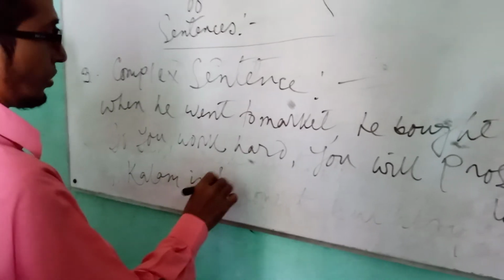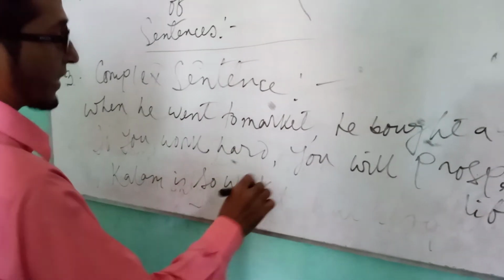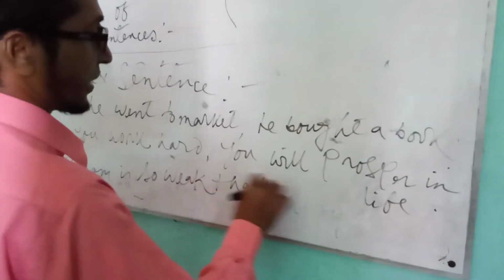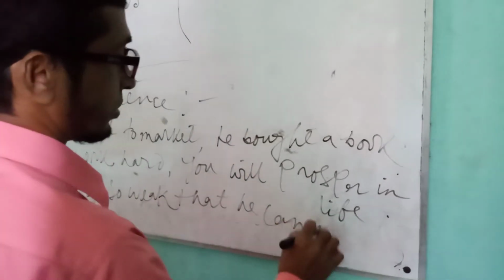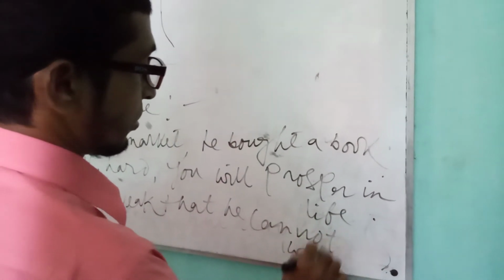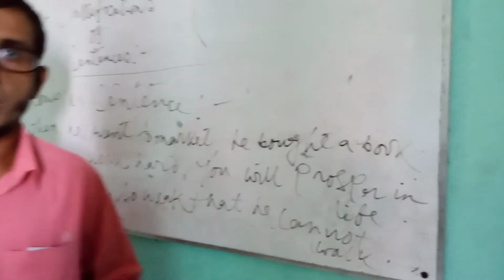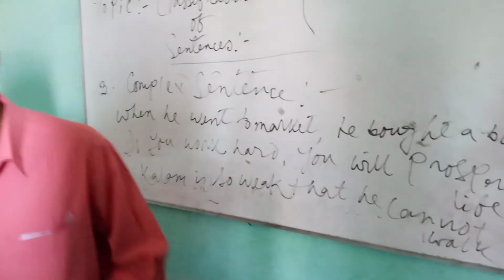Kalam is so weak that he cannot work. Okay, so these are the instances of complex sentence.